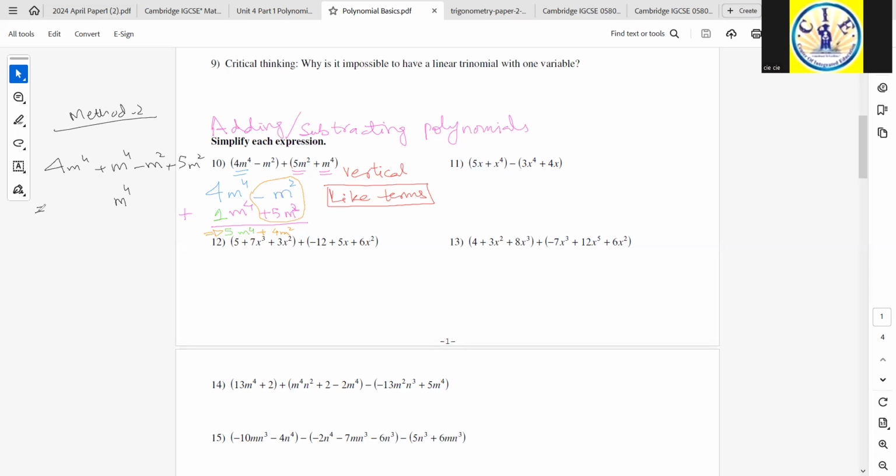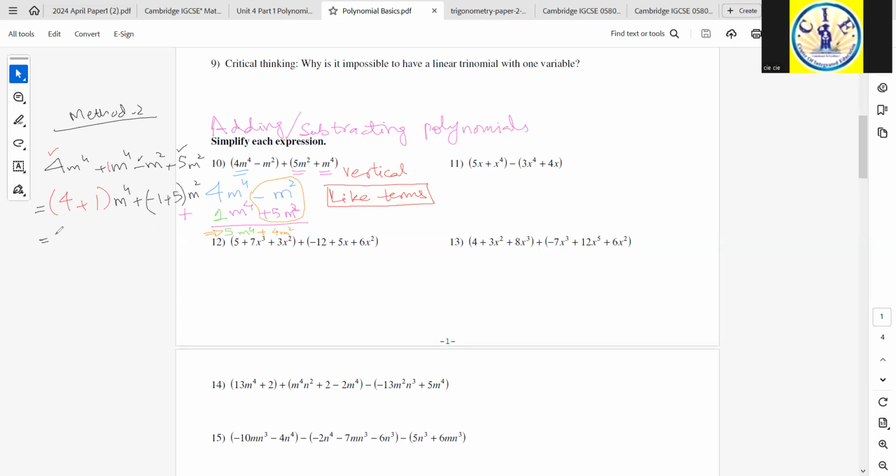From the first term, we are left with this 4. And from the second term, being the coefficient, this is just 1. So m to the power 4 being taken common. And then from the third and fourth term, let me write down minus 1 first from here, and then plus 5 from here.